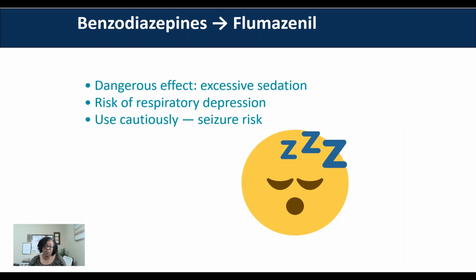There should be an order on the chart for Flumazenil. But you have to really be careful with that medication because if a person has this respiratory depression and sedation off of benzos and they keep using this medication, it can cause a seizure risk in chronic users of it. So you're going to have to really remember that.